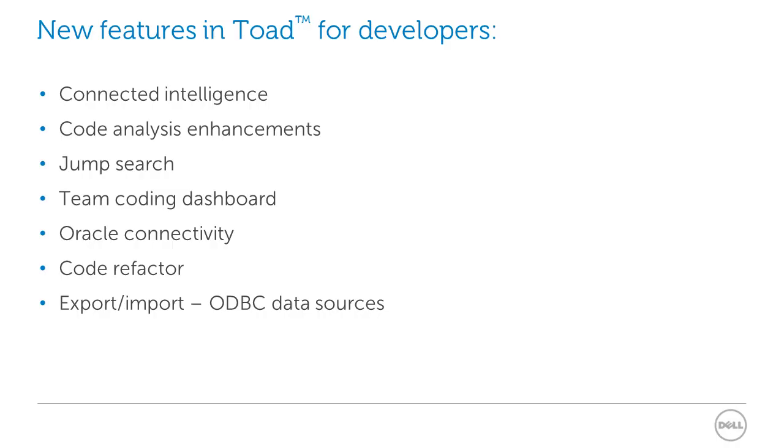The features covered will be connected intelligence, code analysis enhancements, the new jump search, integration with version control system using the new team coding dashboard, resolving Oracle connectivity issues, simplifying your complicated SQL statements for performance tuning, or changing the syntax of SQLs using code refactor, export-import data from and to multiple ODBC data sources.